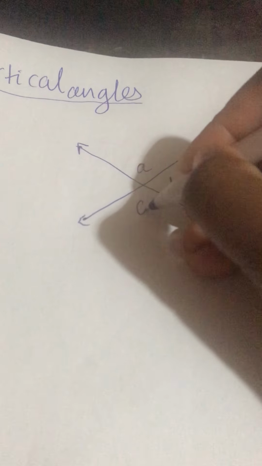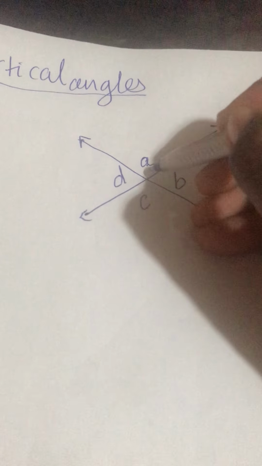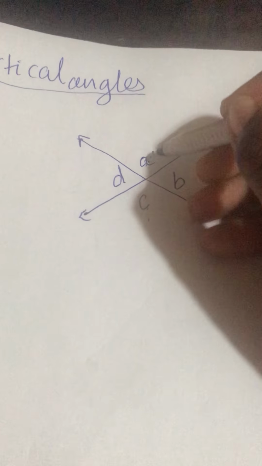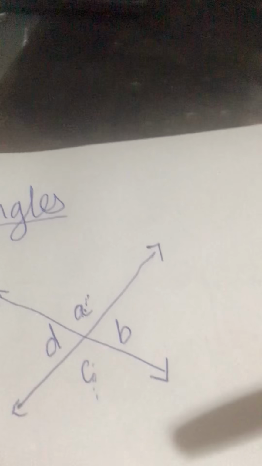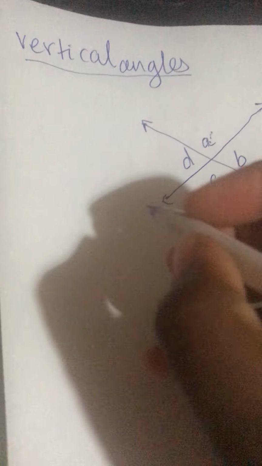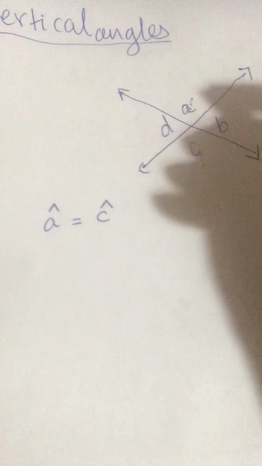A, B, C, D. A is equal to C because they are vertically opposite each other. Vertical angles are opposite each other. So you will say angle A is equal to angle C.